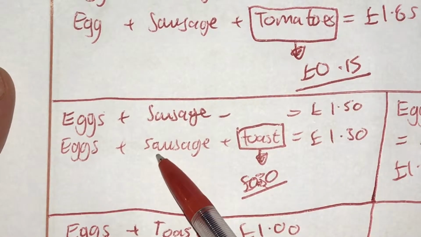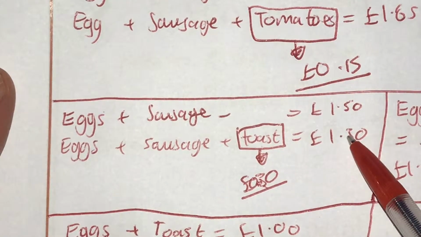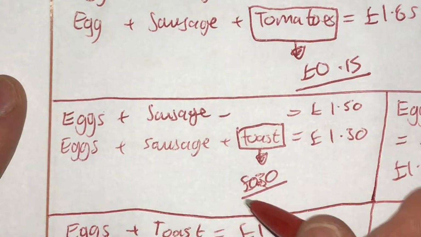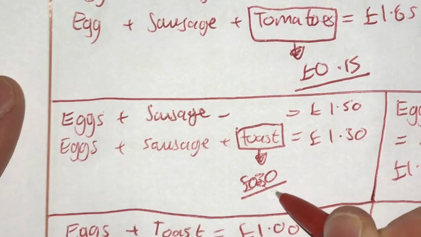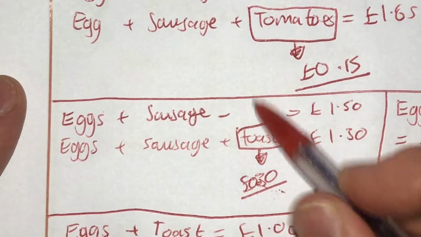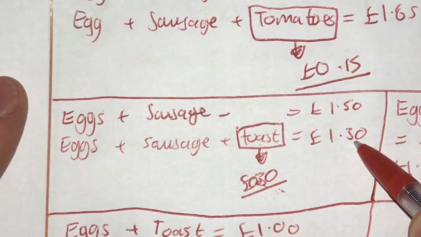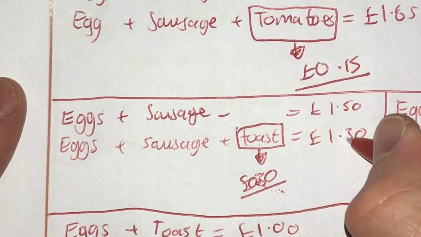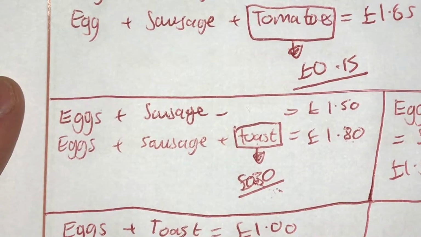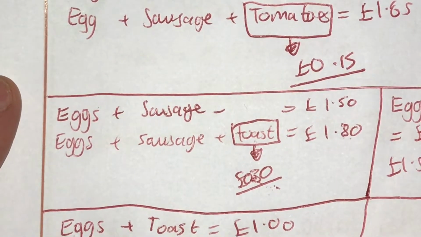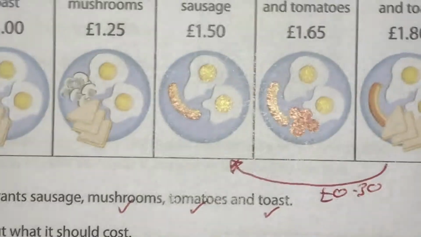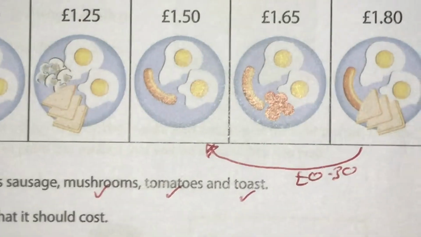I then saw eggs, sausage and toast is £1.80. So you may have already seen this. So how much is toast? Well, toast has to be 30p because the difference between the two is only some toast and it is a cost of 30p. Then I've also done that at the top, as you can see here, 30p.